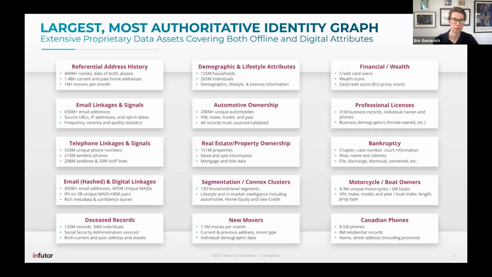265 million US adult consumers, and there are roughly 125 million households. We have them linked together with names, addresses, referential addresses, so where have they lived in the past, emails, phone numbers, digital signals. And that foundation allows us to build on top interesting things like, I'm just going to highlight a couple here, demographic and lifestyle attributes.